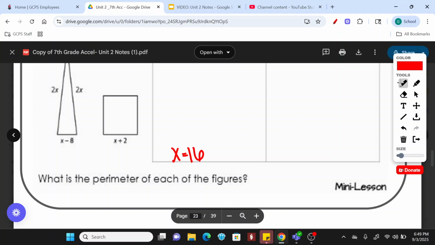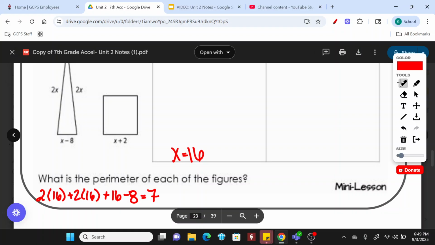And when I added all the sides, I'm going to replace x with 16, okay? So that is 2, plug in 16, plus 2, plug in 16, plus x, which is 16, minus 8. And you can put this directly in your Desmos calculator, and it's going to get you 72.